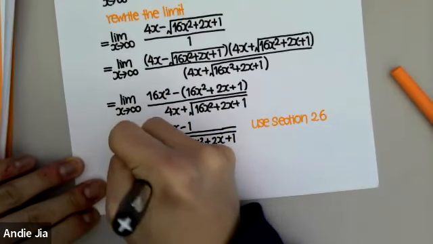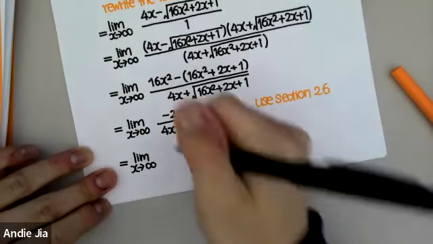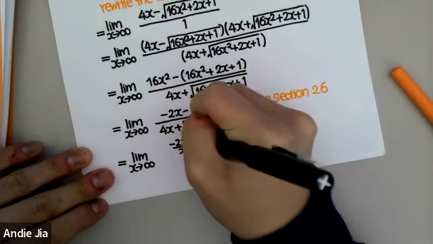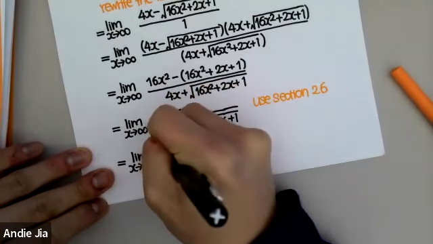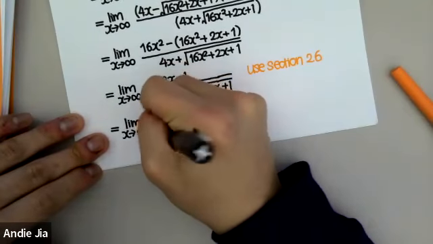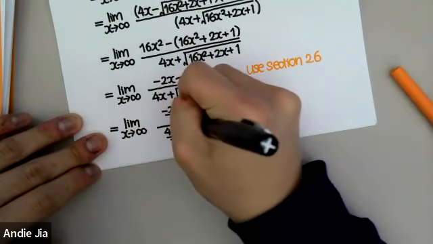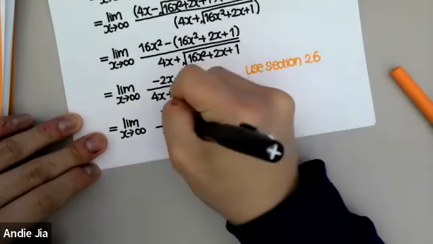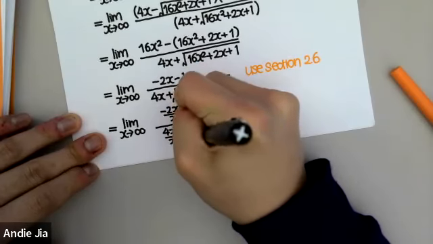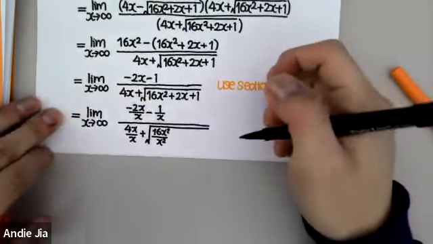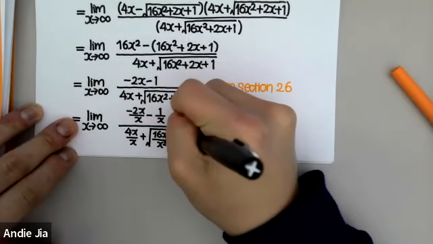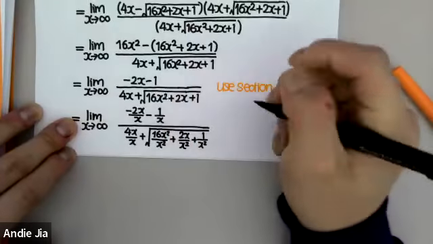You just put them in there. It's going to be negative 2x over x, minus 1 over x, over 4x over x, and you just put them in there. So it's going to be 16x squared over x squared, plus 2x over x squared, plus 1 over x squared.